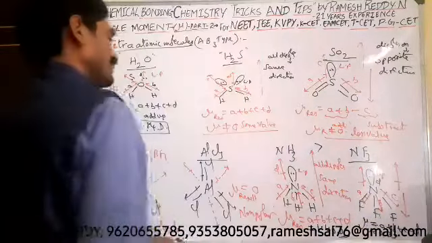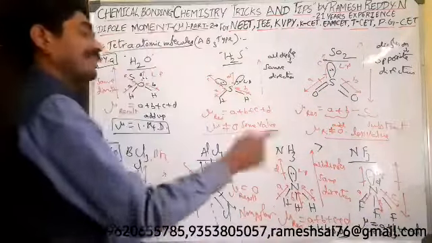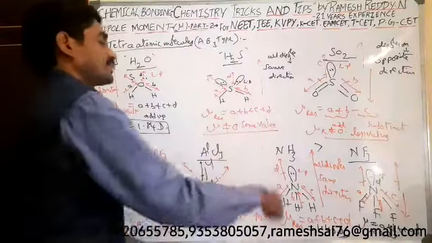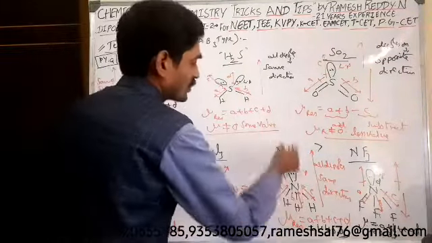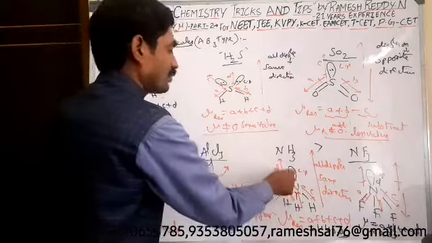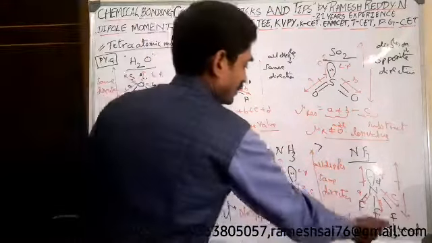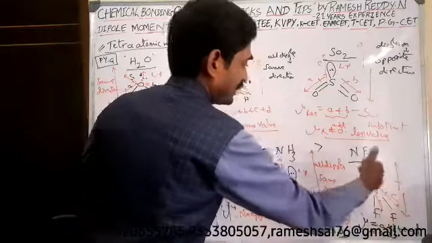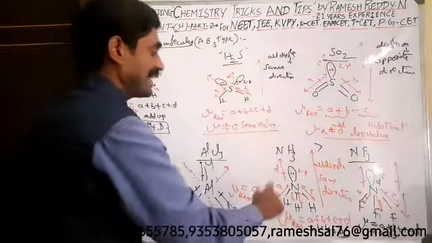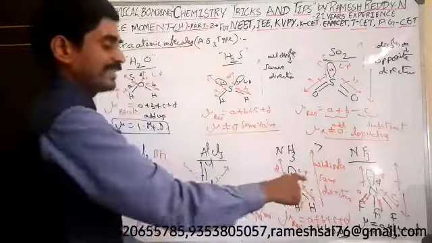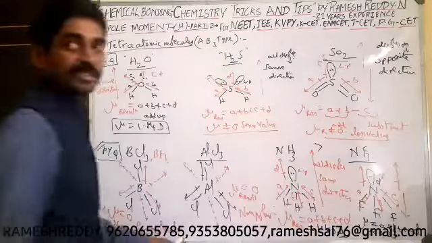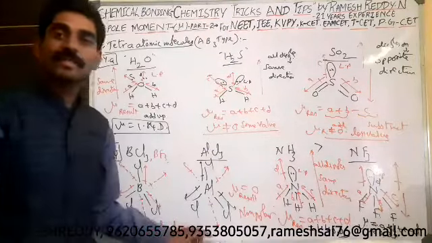But in NH3, hydrogen is less electronegative, nitrogen is more electronegative, so all the dipoles move towards the nitrogen and the lone pair is also in the same direction. So A plus B plus C plus D add up together in NH3. In NF3, A plus B plus C add up together, and D is subtracted. Right? Got it? Is it clear, my dear students?